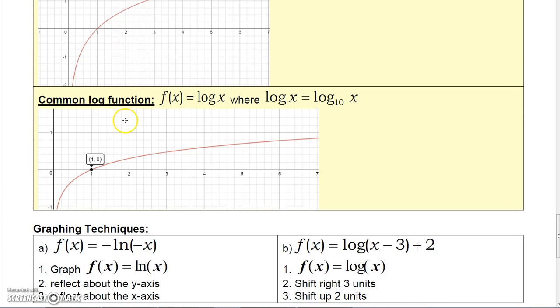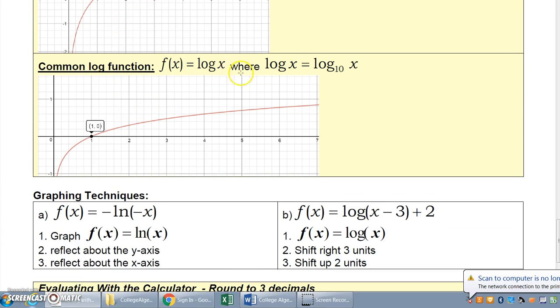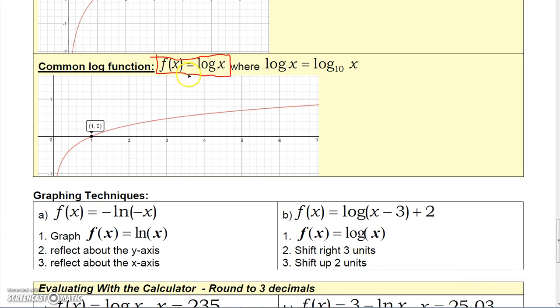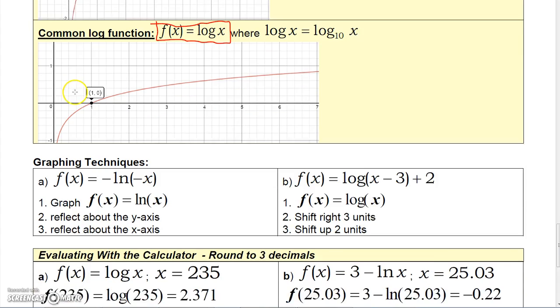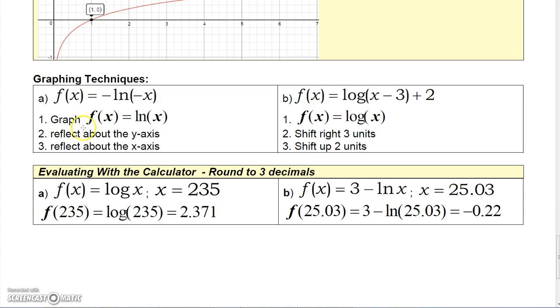Now, if you have a base 10, you don't have to write the 10, but that function is abbreviated with log of x without a base given. So if you don't have a base given, then you know that's the log of x base 10.